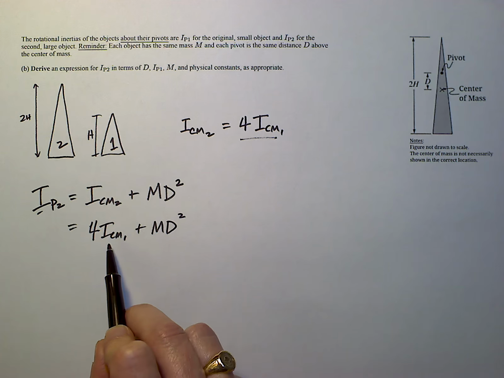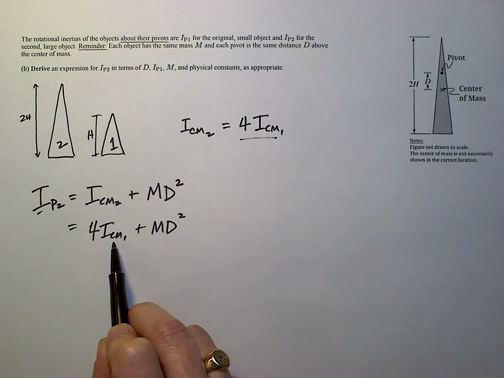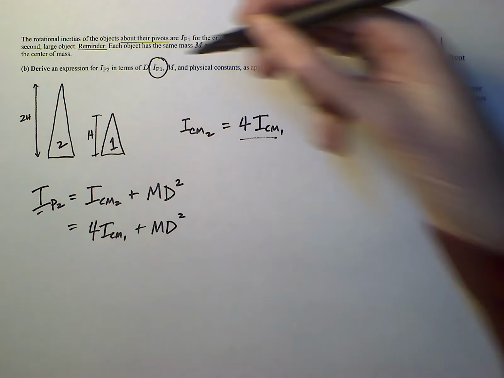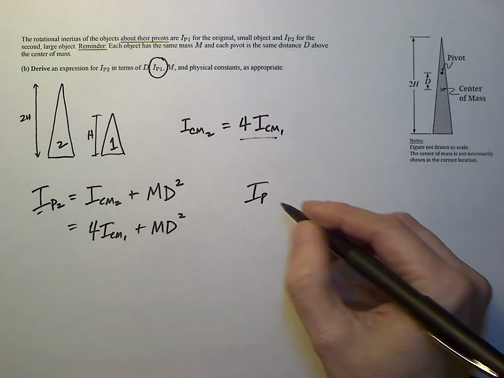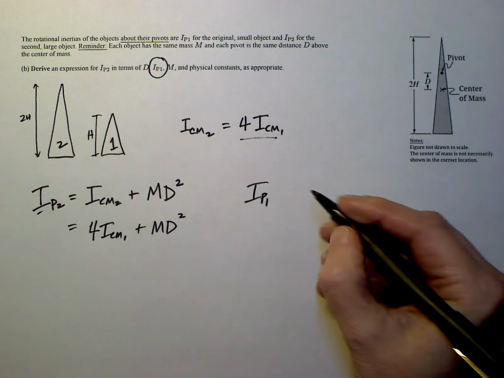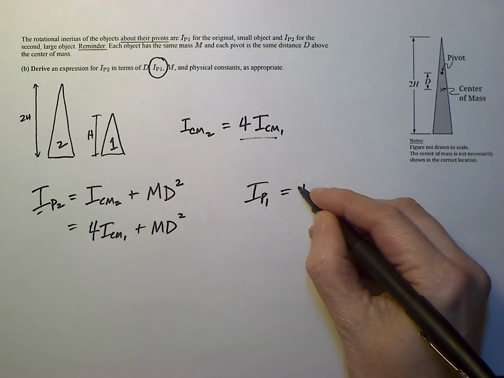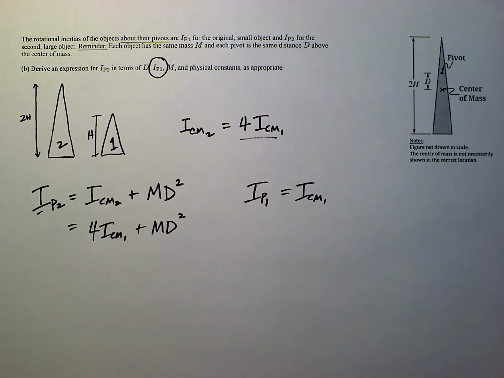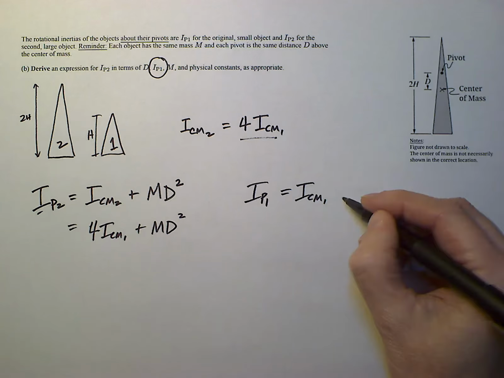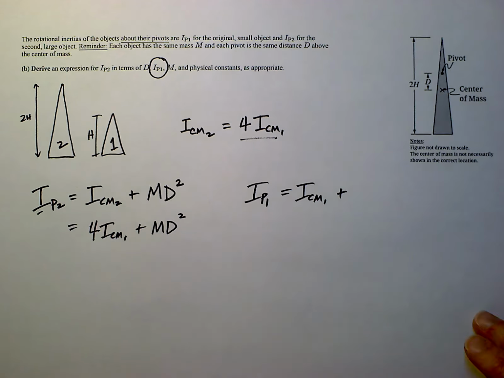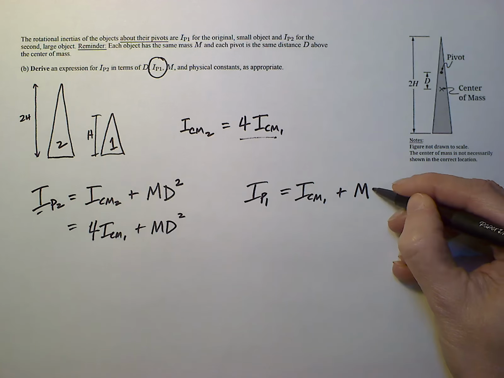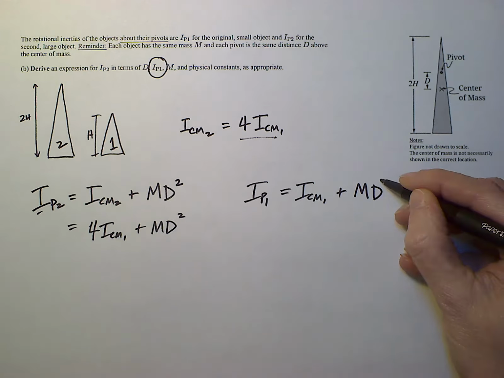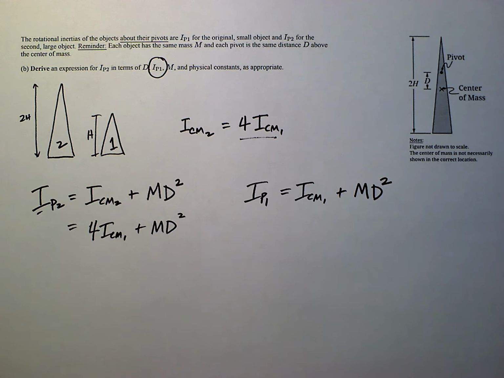So then let's see if we can think about this and see how we can relate that to I about point P. So I about point P for object 1 would be its I about the center of mass. Okay, so again, I'm using that same variable here, again, plus the shift. But the problem is set up that has the same mass, and we're using the same D, same shift.